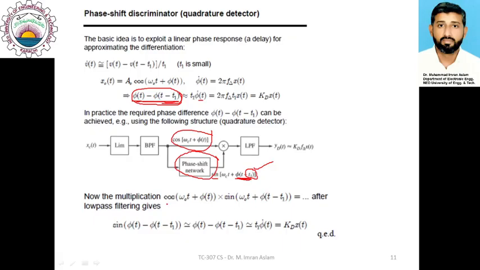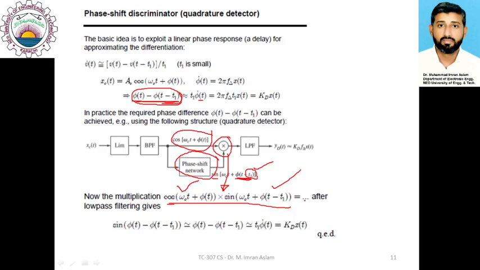At this multiplication point, you would see that the product term is cos(omega_c t plus phi(t)) into sin(omega_c t plus phi_0 plus phi(t minus T1)). You can see that this is a simple product formula of trigonometry.